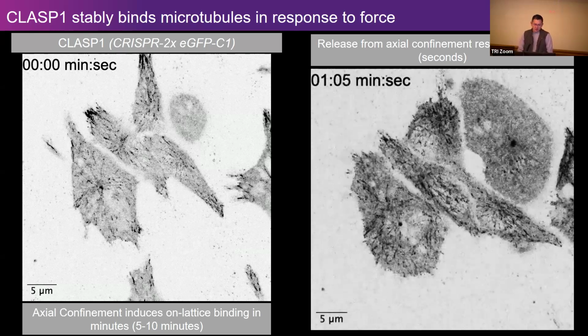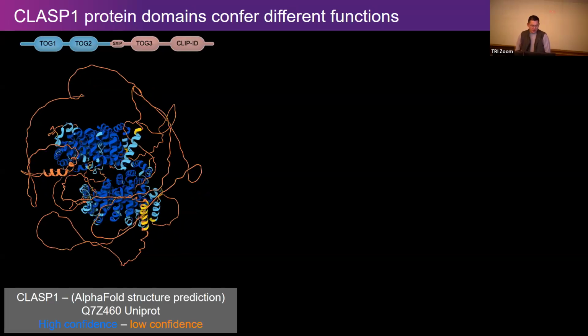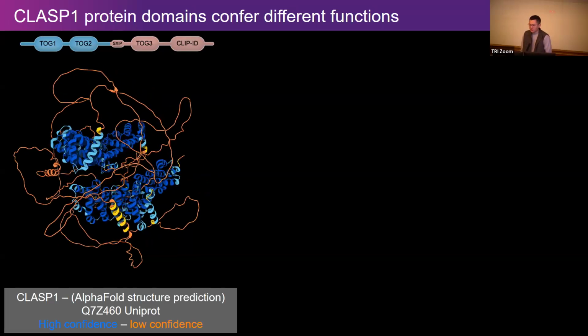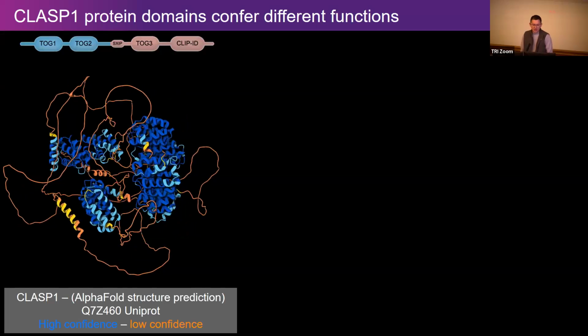Now, what is the exact molecular mechanism that CLASP does all of this through? So this blue and orange is basically an AlphaFold prediction of what CLASP protein looks like. And what you can see in the blue, which is a high confidence prediction, is the 4 very structured domains of CLASP.